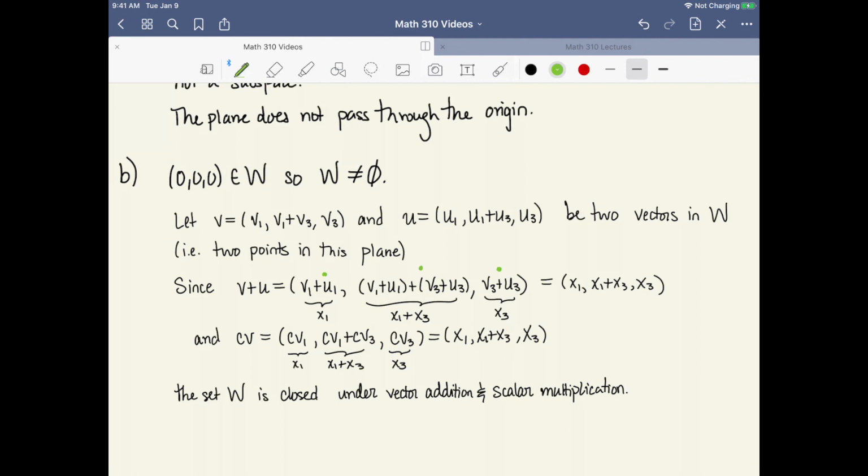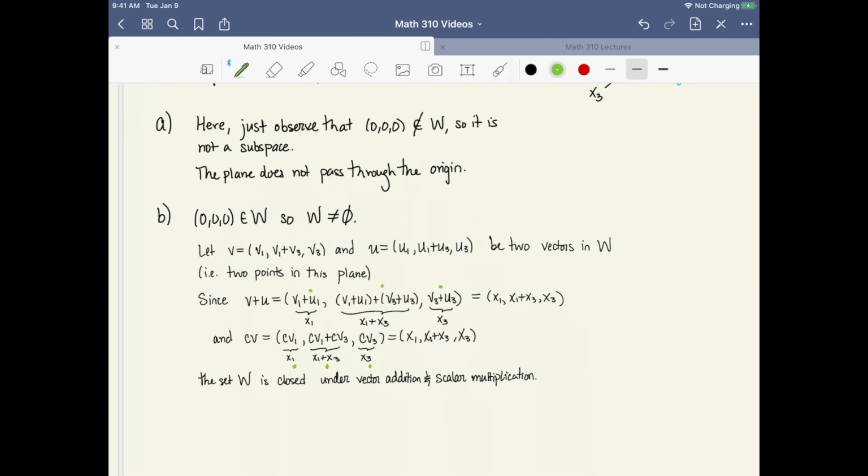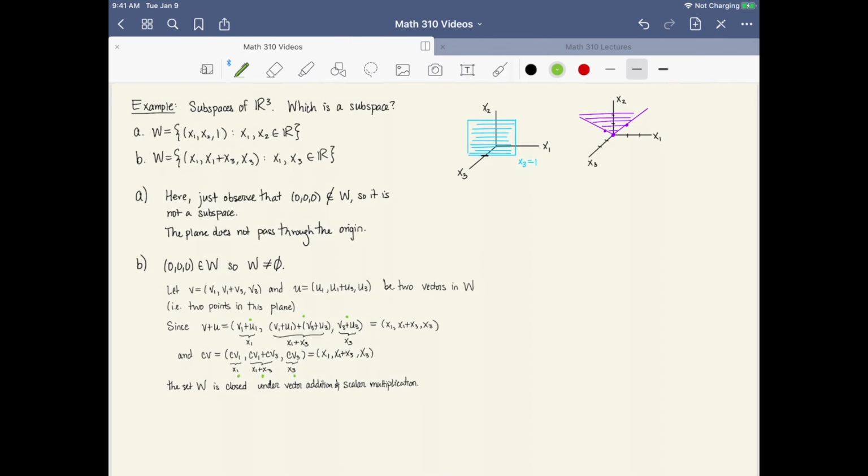But we get something that's of the same form. Likewise, when we do scalar multiplication, we also get something that's of the form entry in the first spot, entry in the third spot, and the sum of those 2 entries in the middle spot. So the set W is closed under vector addition and scalar multiplication. We checked the 3 things that needed to be checked to conclude that it is a vector subspace of R3.